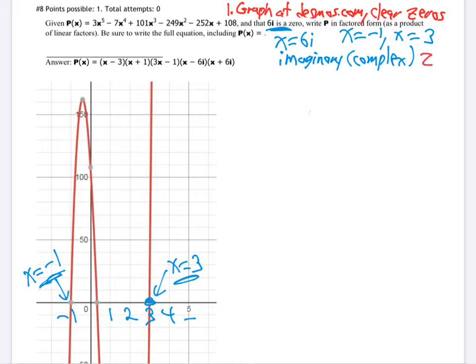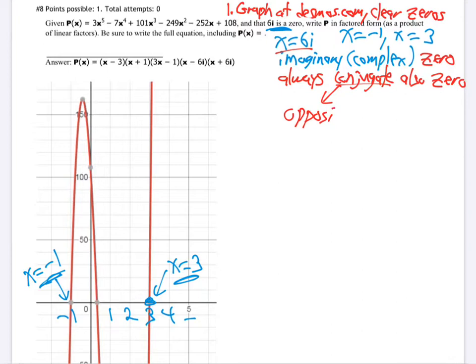If you have an imaginary, complex 0, like we have one right there, the conjugate is also a 0. Now, what do I mean by conjugate? Opposite sign on the imaginary part, in the middle.